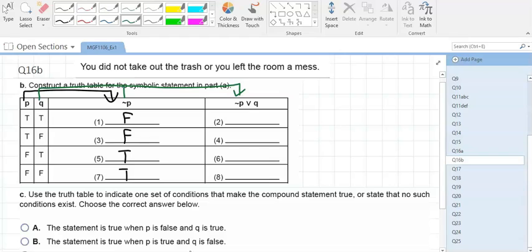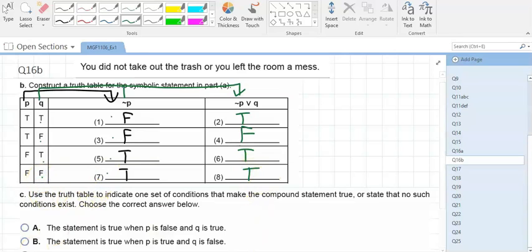Again, it's an or, so that means it's only false when both are false. So we go true, false. False, false. True, true. False, true.